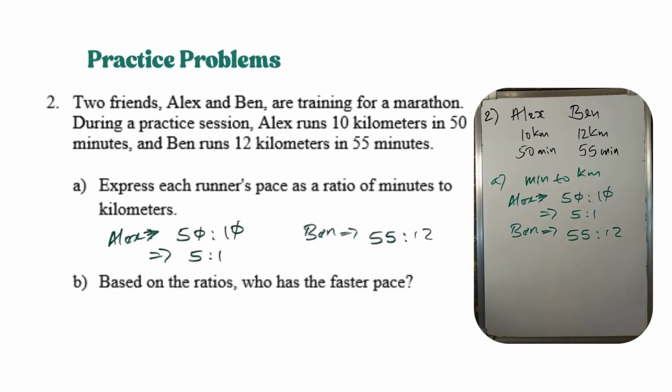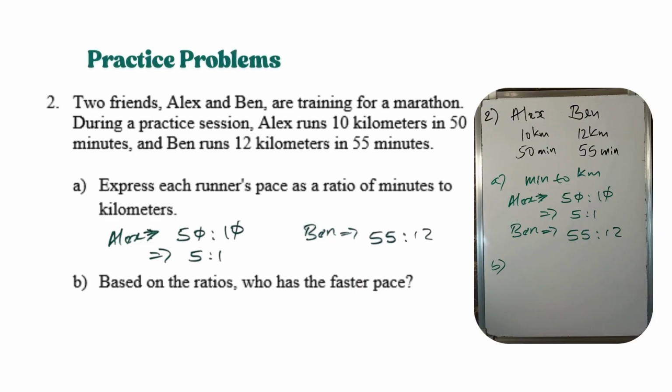When we simplify that, it is 55 over 12, so 55 to 12. Can we simplify it? Let's do it that way. And then let's go to part B.